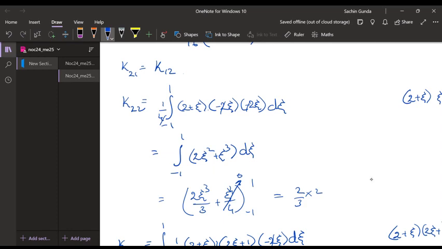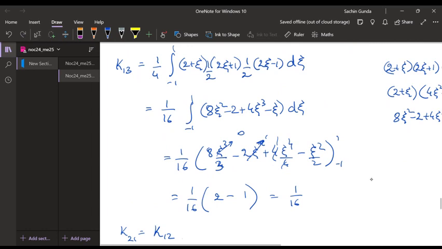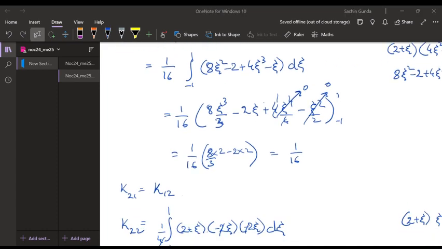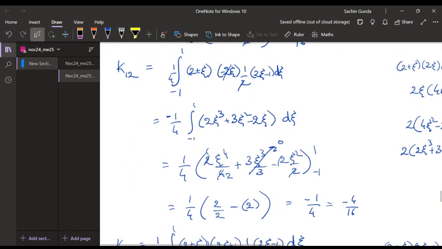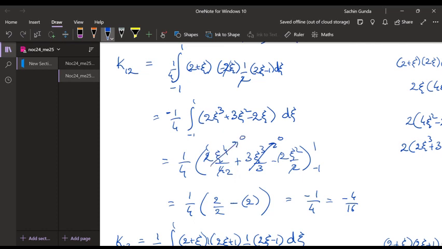Two by 3 times 2. 4 by 3. 8 by 3 into 2 minus 2 into 2. 4 by 16. 4 minus 3. 1 by 4. This is 0.